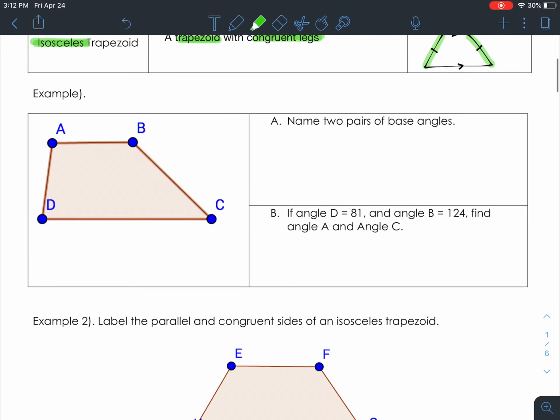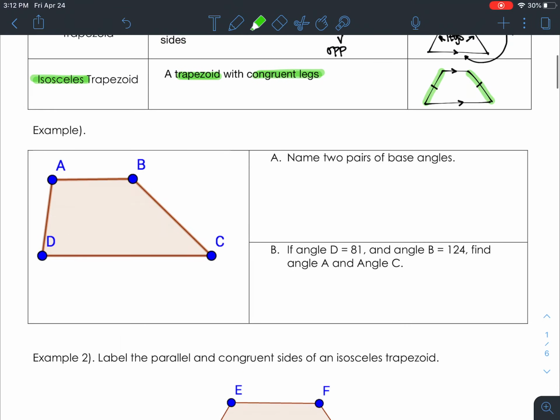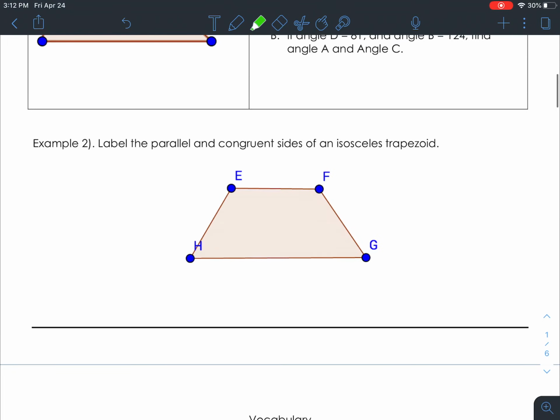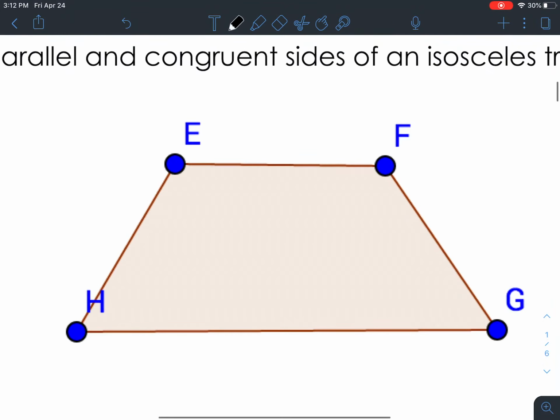So what I want us to do is skip the next example and come down to example 2. And it says label the parallel and congruent sides of an isosceles trapezoid. So what I want to do is talk about what sides are our bases and what sides are our legs. So EF and HG are going to be our parallel sides.